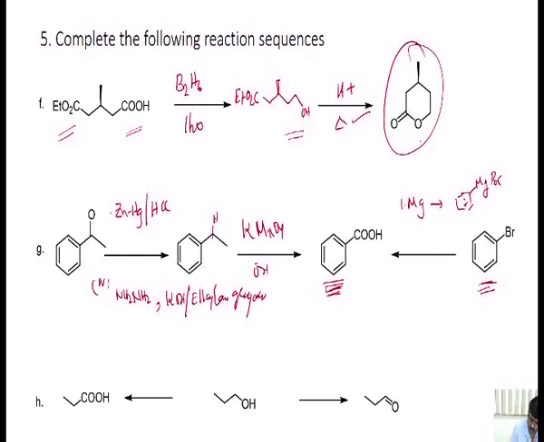Once you form this one, you can react with carbon dioxide, which can undergo addition reaction to give the salt. When you treat with proton source, you will be able to form benzoic acid, the product.